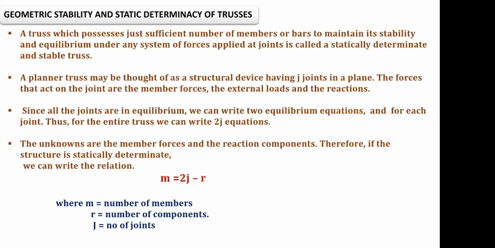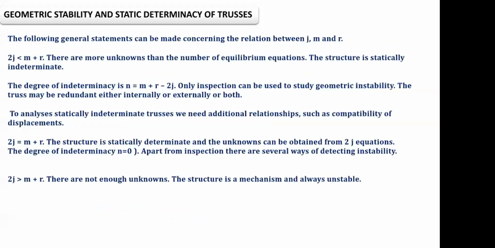In our syllabus, we determine statically determinate trusses. So all of you remember: M equal to 2J minus R, or otherwise M plus R equal to 2J. M means the number of members, R equals the reaction components, J equals the number of joints. If 2J is less than M plus R, then there are more unknowns than equilibrium equations, and the structure is statically indeterminate.